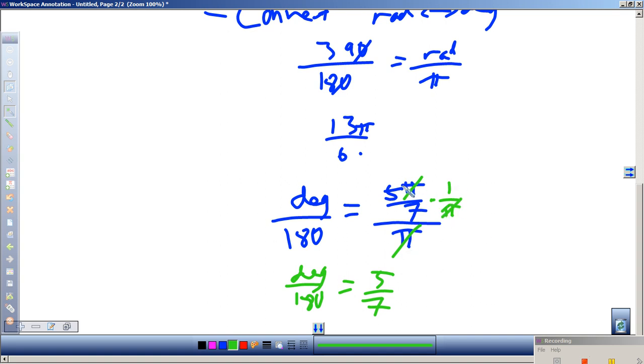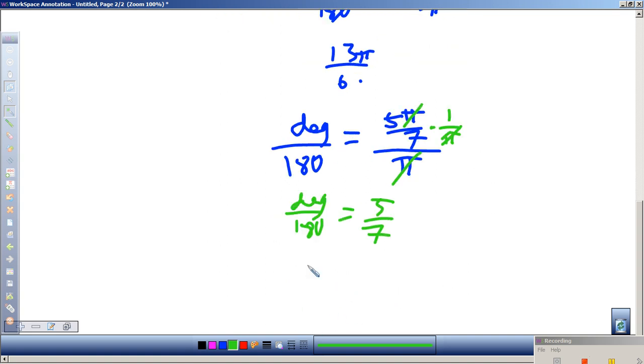So either way, it's just recognizing that you can do it there. To finish this one, what's 5/7 times 180? So 5 times 180 is 900. The degrees is 900 over 7. And there's no way it's going to simplify, so 900 over 7 degrees, or as a decimal.